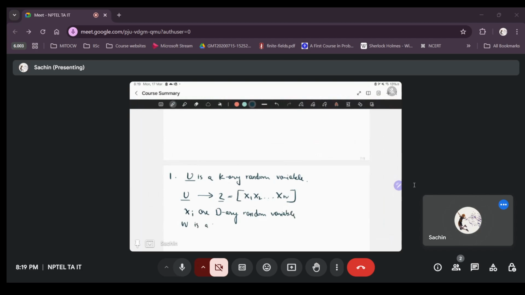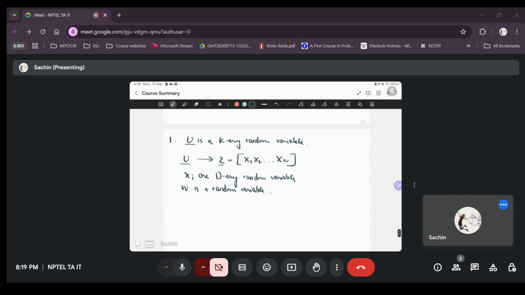W is a random variable. So E of W is the summation of Wi times P of Ui, where Ui is assigned code word x1, x2 up to xWi.